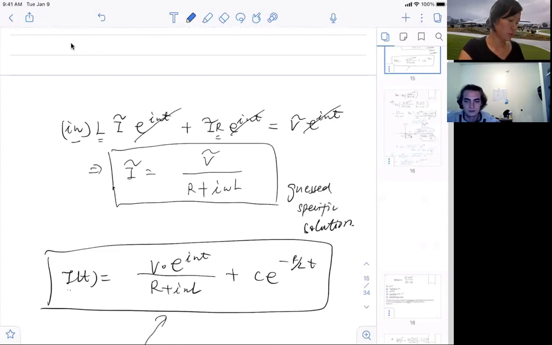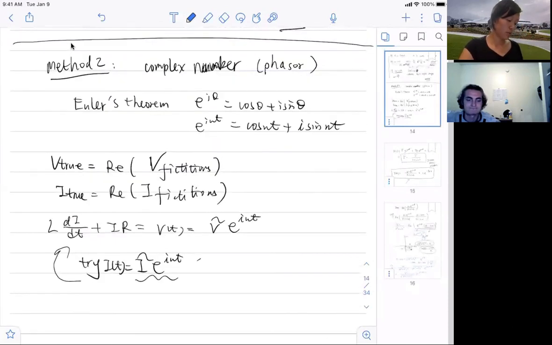So how we used the complex numbers. We write our voltage using complex notation, and then we find our current, right? So what was our original source?